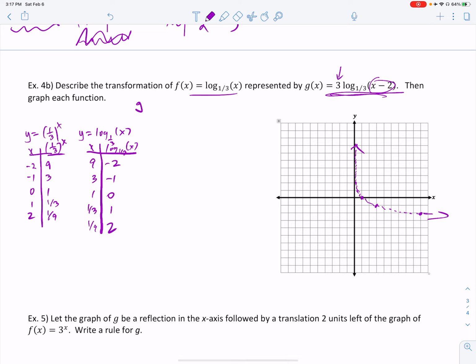So G is a vertical stretch by 3 and shift right 2.